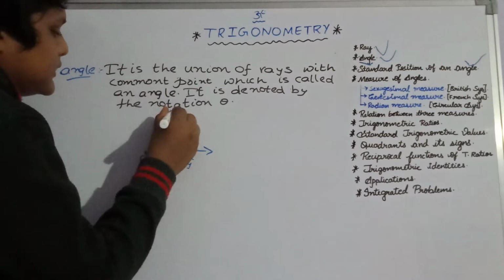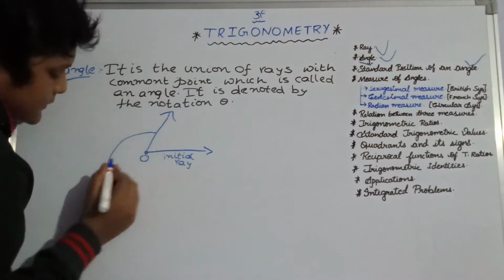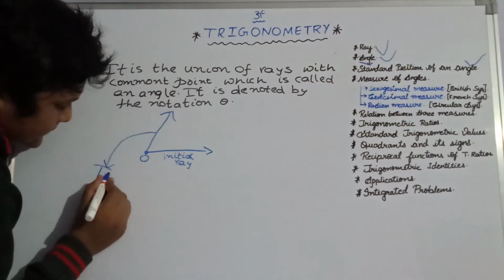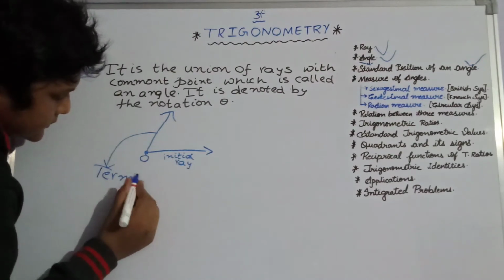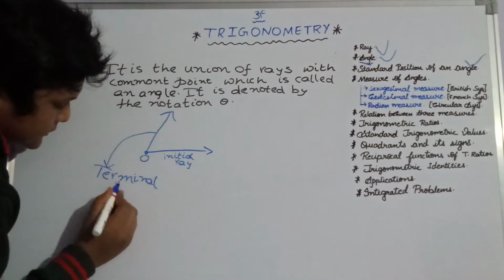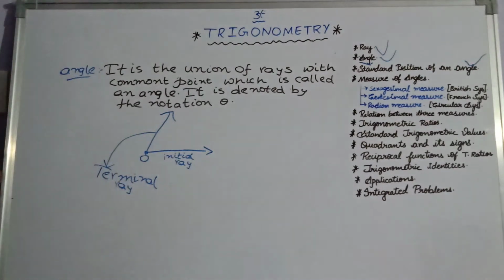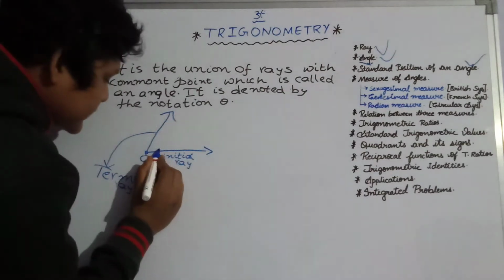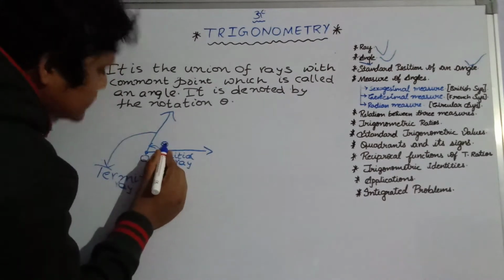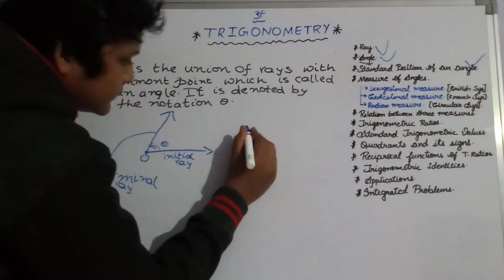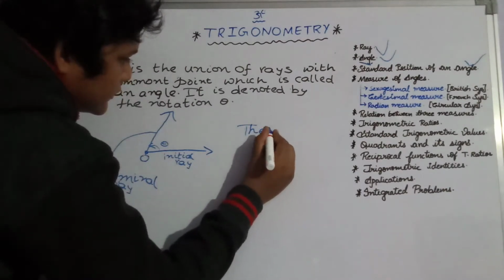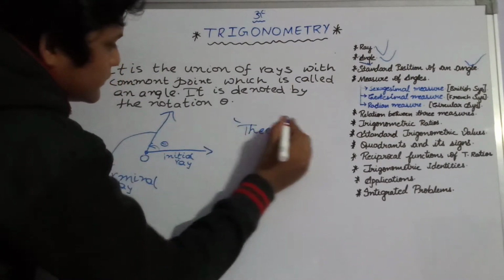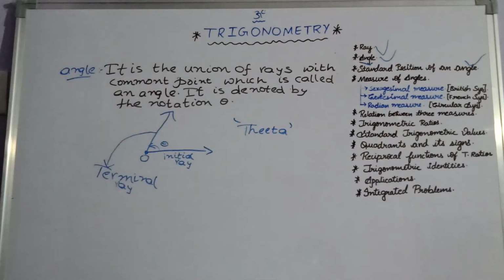And this is known as the terminal ray. Now theta is this, which is subtended. Theta. I think all are clear with this. And next we will move to the standard position of an angle.